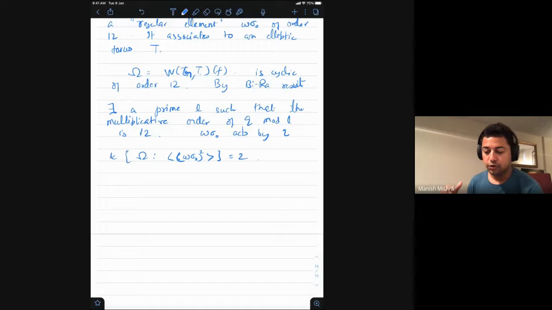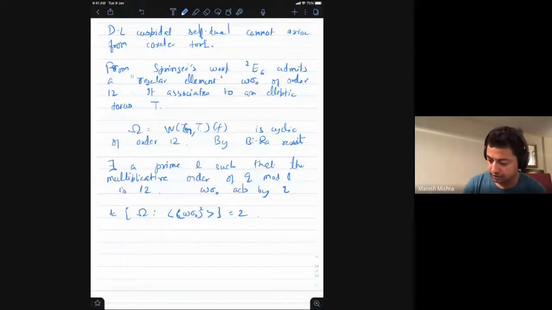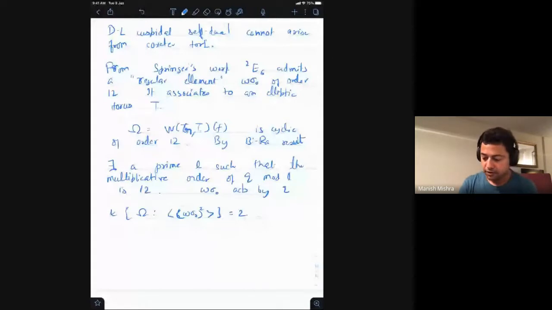We get our desired result out of Coxeter too, but we find a regular element which has very similar properties. Its Weyl group is cyclic of order 12 and is generated by this w sigma naught, and w sigma naught acts by q.